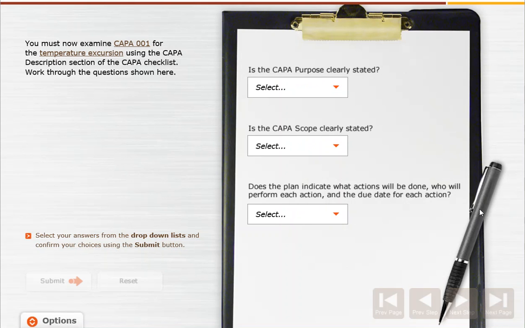You must now examine CAPA 1 for the temperature excursion using the CAPA description section of the CAPA checklist. Work through the questions here.